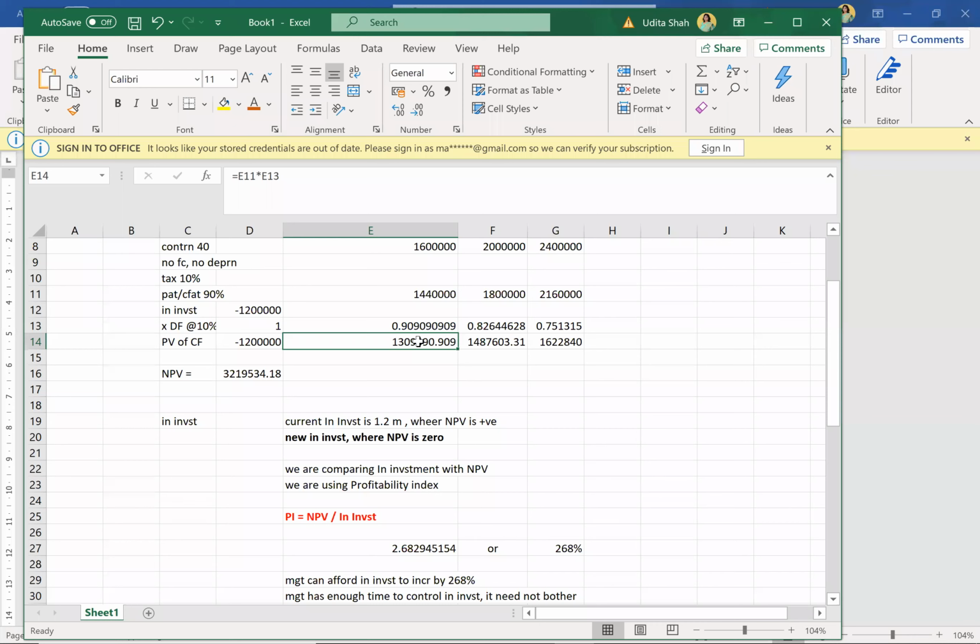So I'll take a simple example so that you can relate to why this initial investment is not bothering. Sensitivity can also impact, but that impact will be very little. The more the percentage, the lesser the impact.